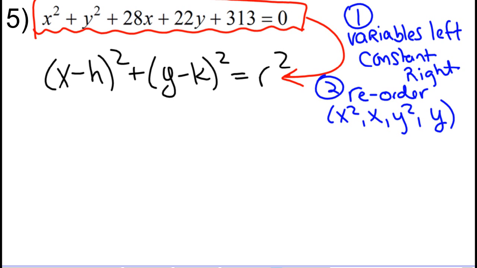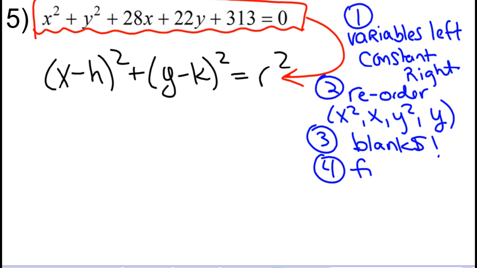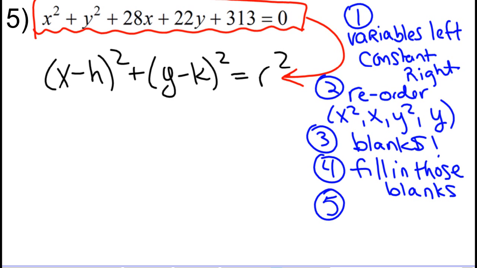So we go alphabetically, and we also go by order of exponents. Step 3, we're going to need some blanks. And 4, we have to fill in those blanks. And then 5, basically our final step is factoring and simplifying, just making things look nice, neat, pretty, the way mathematicians like to see things.